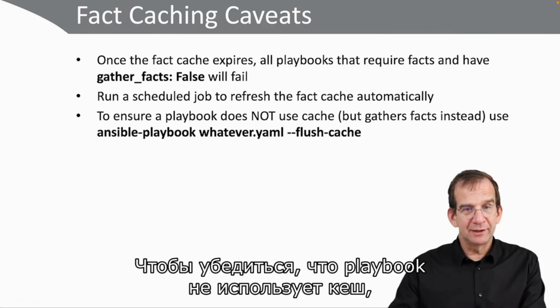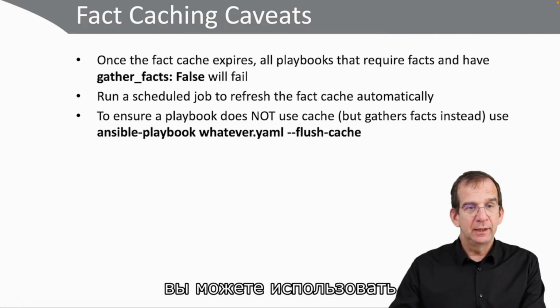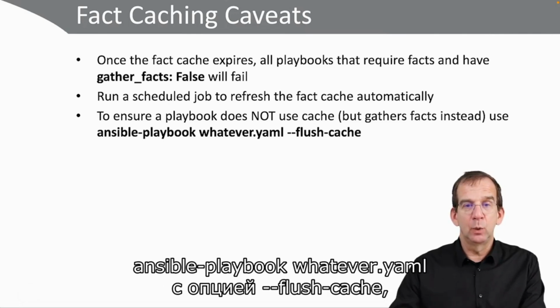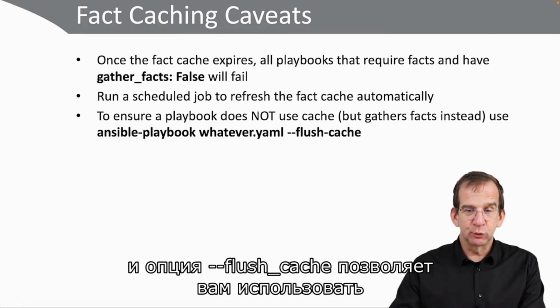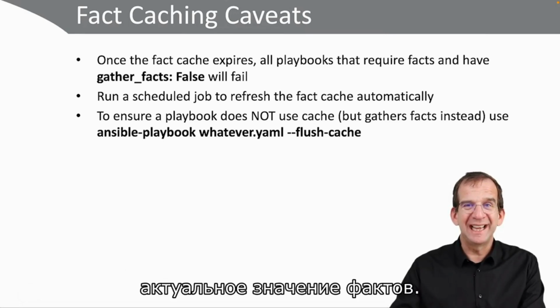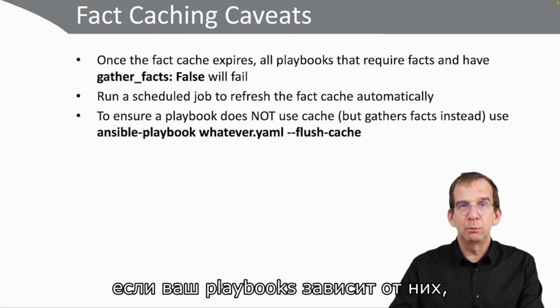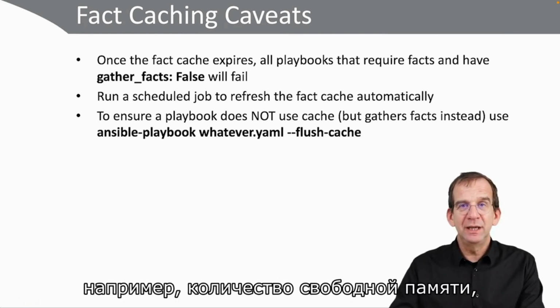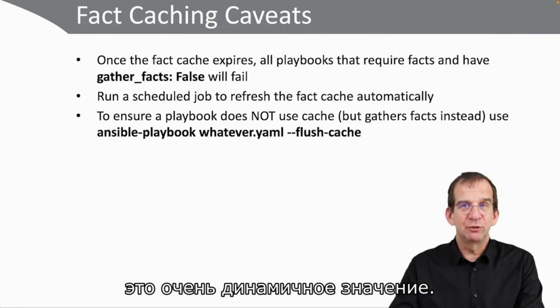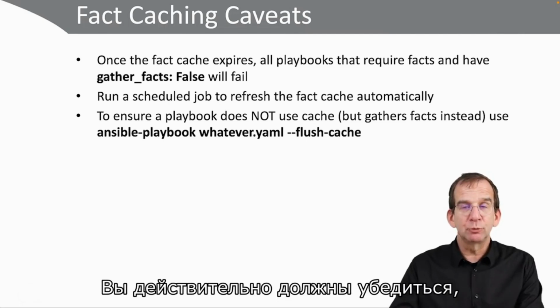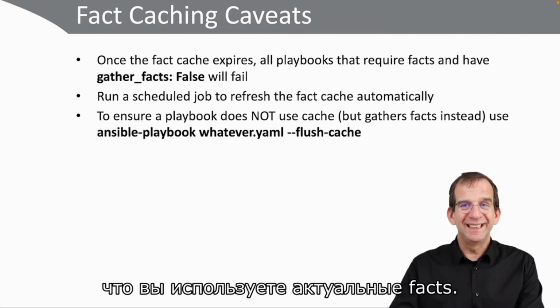To ensure that a playbook does not use the cache but gathers facts instead, you can use ansible-playbook whatever.yaml with the --flush-cache option. The --flush-cache option allows you to use the actual value of your facts. That is something you definitely have to do if you have playbooks that depend on, for instance, the amount of available memory. That's a very dynamic value. You really must make sure that you are using the actual facts.